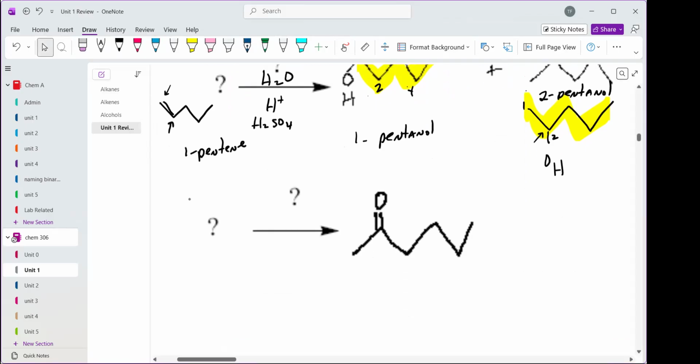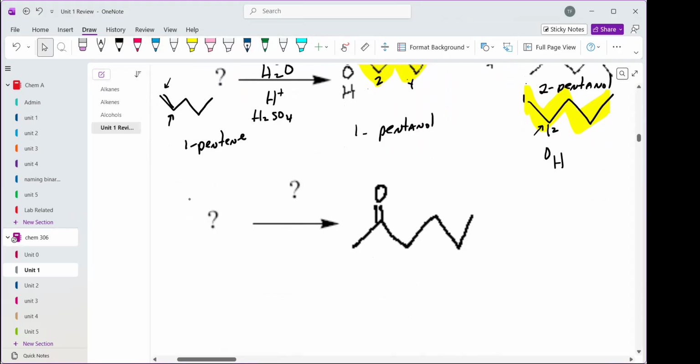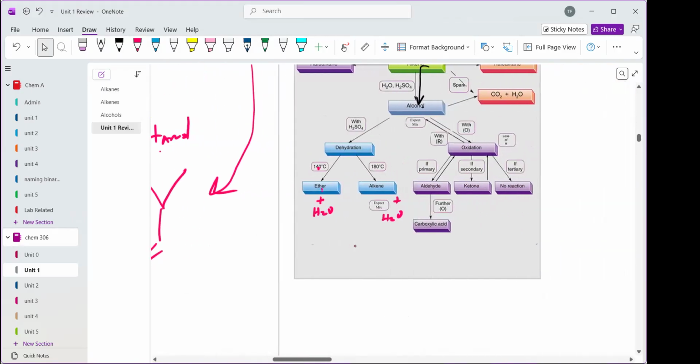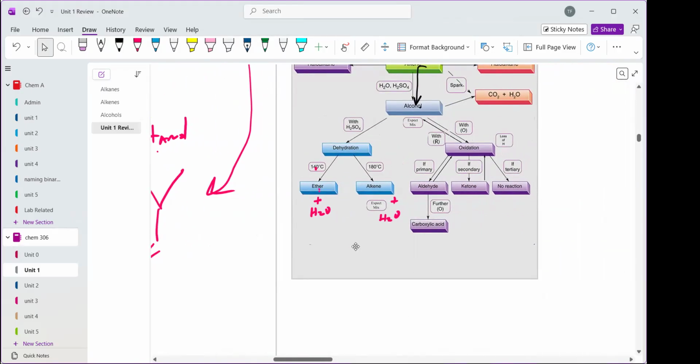All right, so let's go on here. Okay, we've got 1, 2, 3, 4, 5, 6. So that's going to be a 6-carbon ketone. How do you make a ketone? Okay, we start from a secondary alcohol.